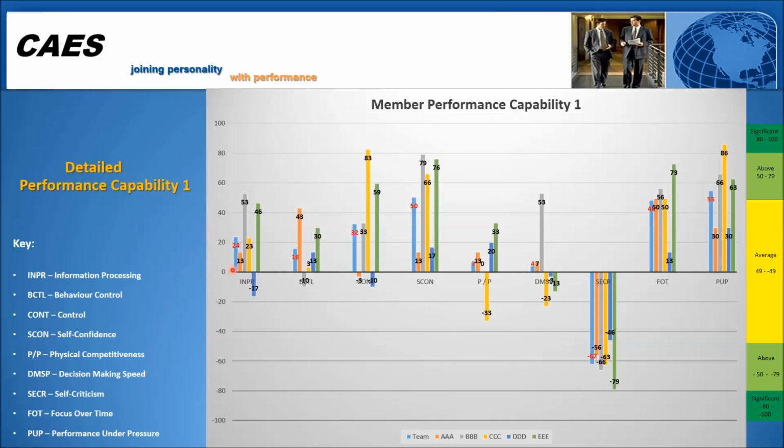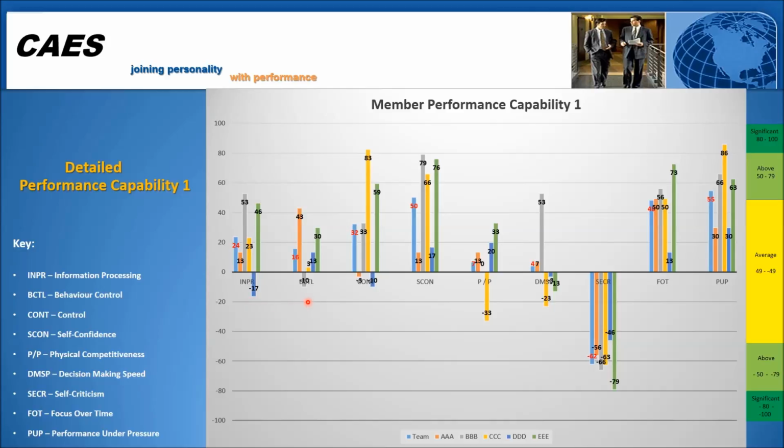We still have our average scores, which is the blue line with the red numbers, and then our individual scores to the right. So when we look at information processing, we can see that generally the team is okay, but candidates B and E are significantly better at multitasking and processing vast amounts of information than is candidate D.